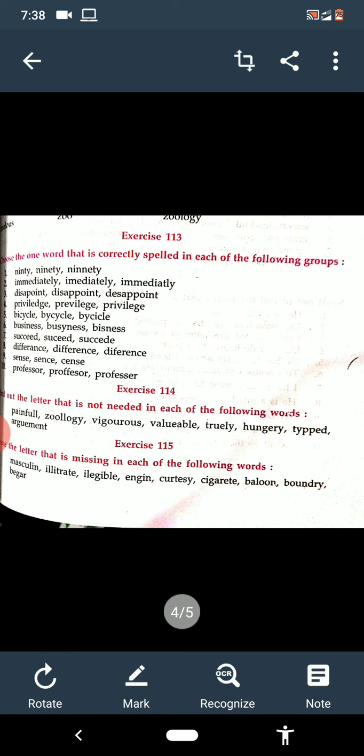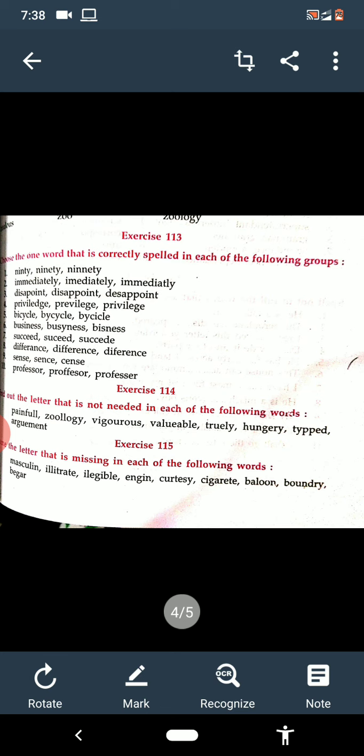D-I-F-F-E-R-E-N-C-E. Tell the spelling of sense. Mostly the students confused and they write the spelling S-E-N-C-E. But it is wrong. The correct spelling is S-E-N-S-E, sense. Okay.